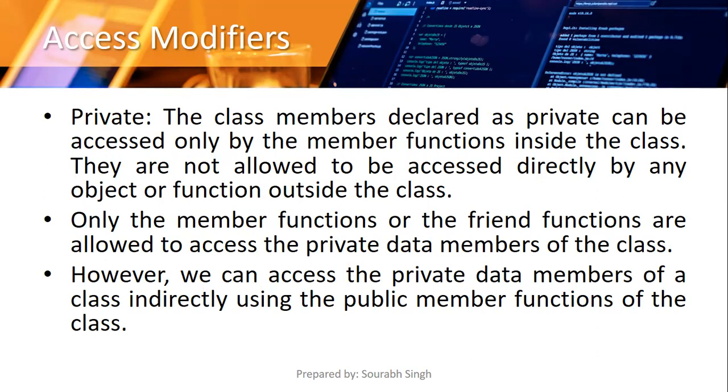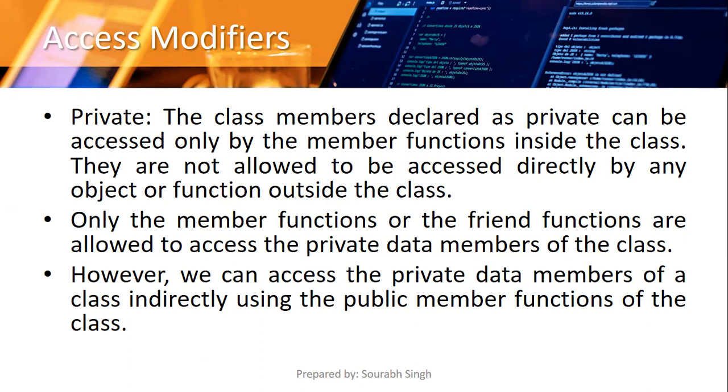Well, if we talk about private, the class members declared as private can be accessed only by the member functions inside the class. They are not allowed to be accessed directly by any object or function outside the class. So members declared in the private section will be allowed to be accessed only within the class.